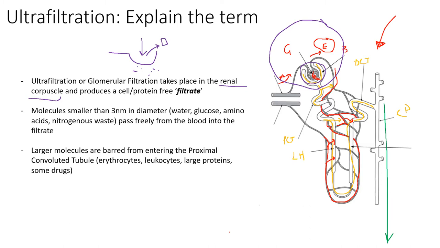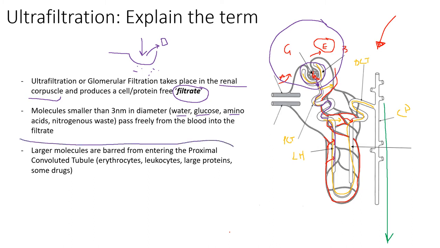So molecules smaller than 3 nanometers in diameter, like water, glucose, and small amino acids, can go into what's called the filtrate. The filtrate is the product, so it's the stuff that comes down the tube. It's the stuff that makes its way down this snaky tube, down into the loop of Henle, etc. That's what we call the filtrate.